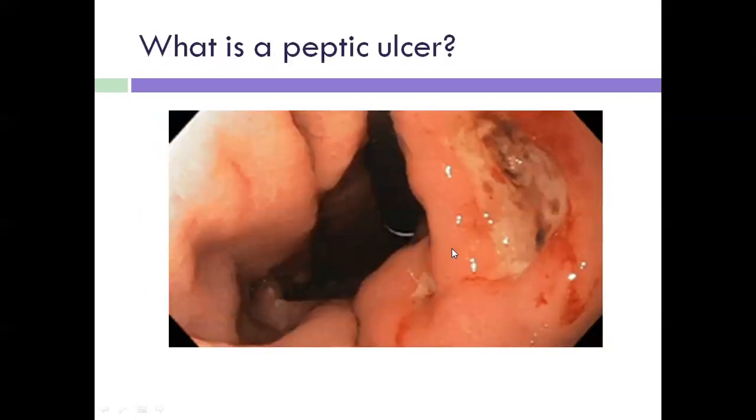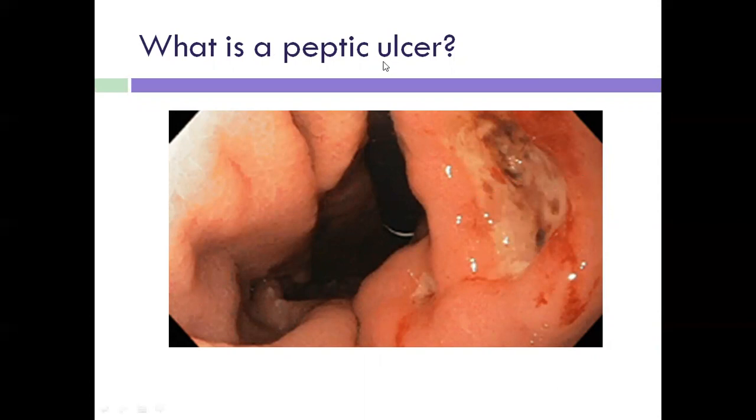What is peptic ulcer? Peptic ulcer is the destruction of the mucosal layer, which was already discussed in the last slide. This mucus layer consists of an extra muscle coat. Due to any reason, if there is a destruction of this layer within the inner surface of the GI tract, it can cause ulceration.